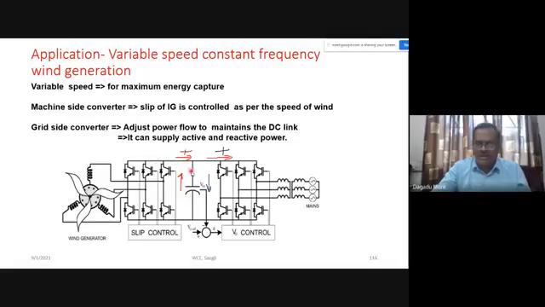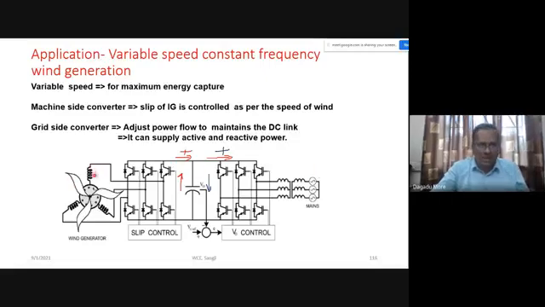If incoming power is higher and outgoing power is less, the capacitor voltage will increase. Or if outgoing power is more but incoming power is less, the capacitor voltage will decrease. So we maintain the capacitor voltage constant so that whatever extracted power is fed back to the grid.